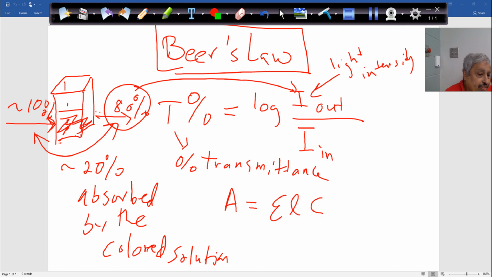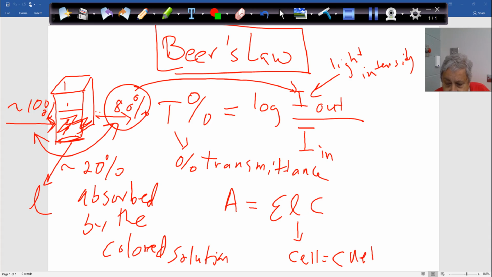L is the length of the cell itself. This is L. L is the cell, or sometimes called the cuvette, C-U-V-E-T-T-E, cuvette.